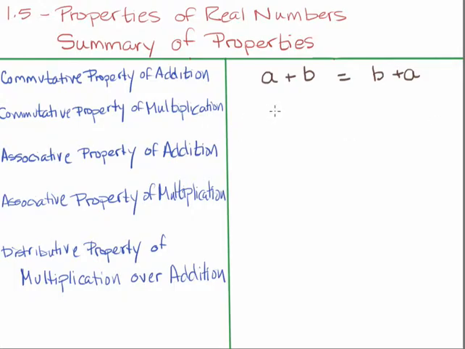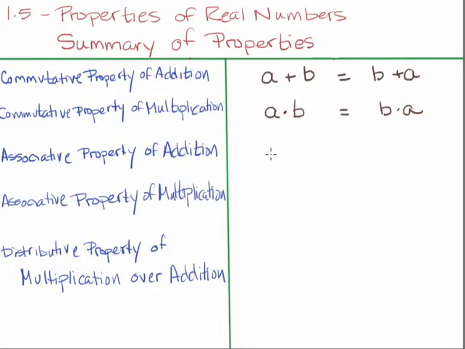The commutative property of multiplication says that I can take two numbers, A and B, and multiply them, either A times B or B times A. Again, the same numbers have to be used, but they can be in either order.